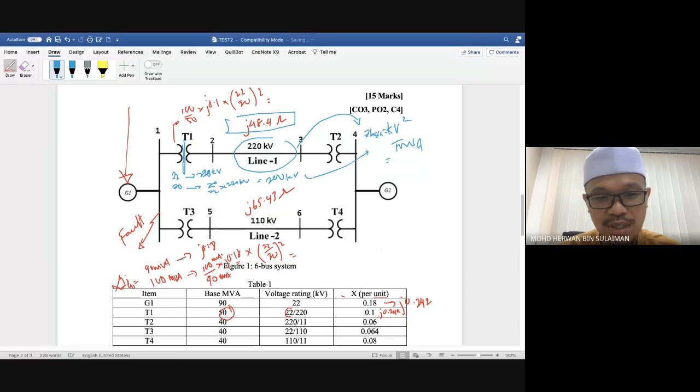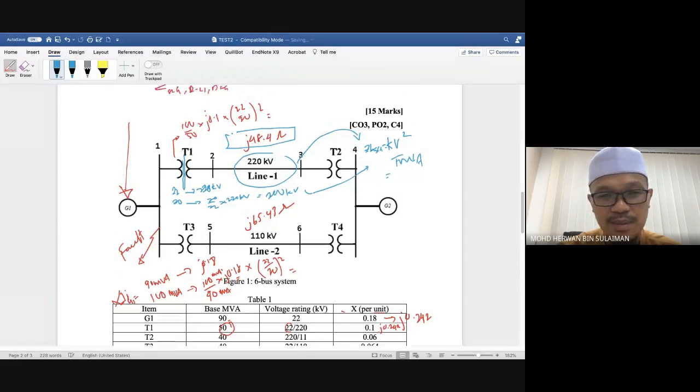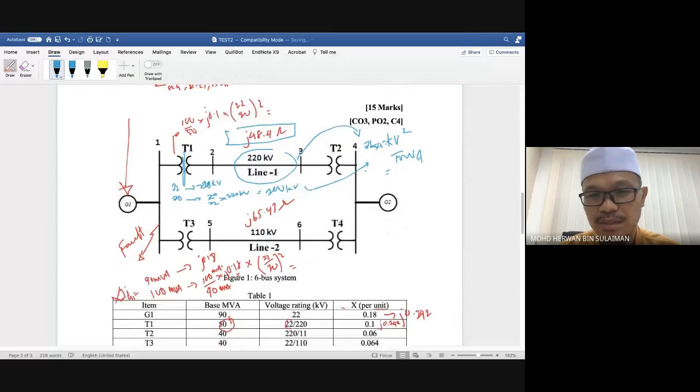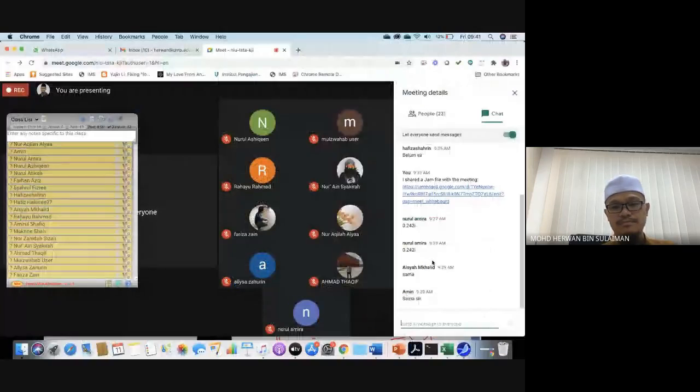So sekarang ni semua kita akan tukar kepada 100 MVA kan. Kita pakai base 100. So nak cari Z base yang line 1. Okay, Z base line 1 dia ialah 200 kV square divide by 100 MVA. Berapa dapat? 200 kV square bagi dengan 100 MVA.